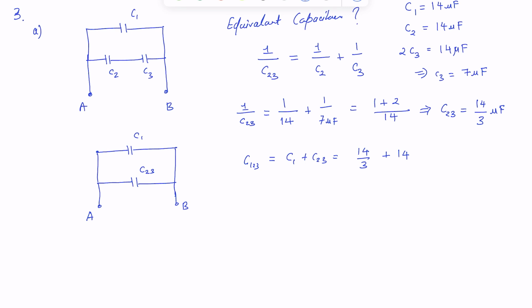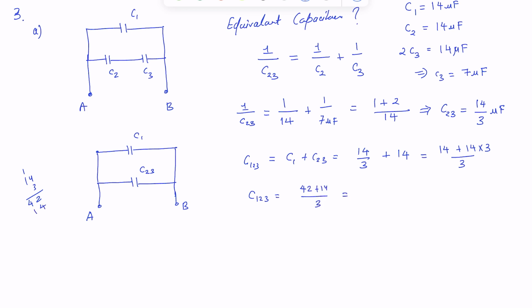So C123 will be equal to 14 times 3, which is 42, plus 14, over 3.